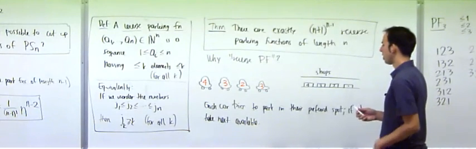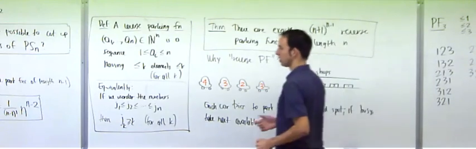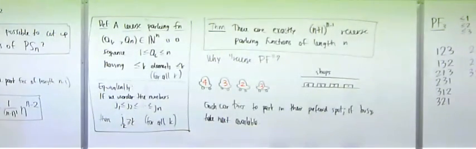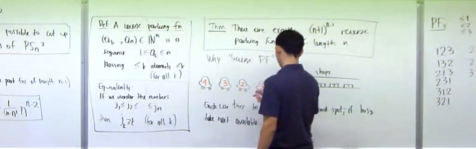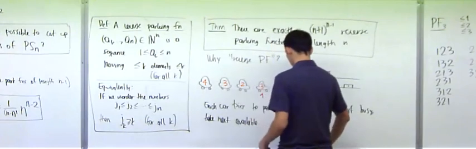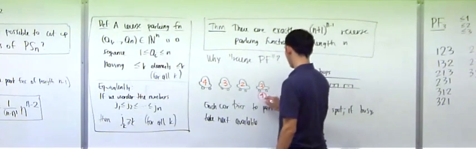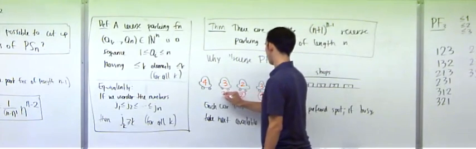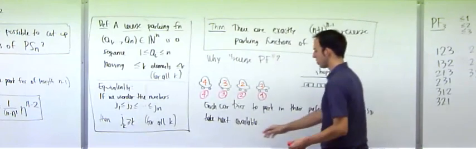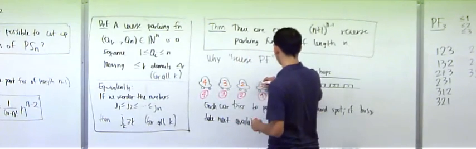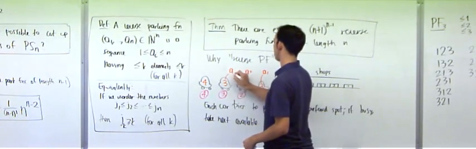Okay. So let's number the cars. This is car 1, car 2, car 3, and car 4. And these orange numbers we're going to call A1, A2, A3, and A4.